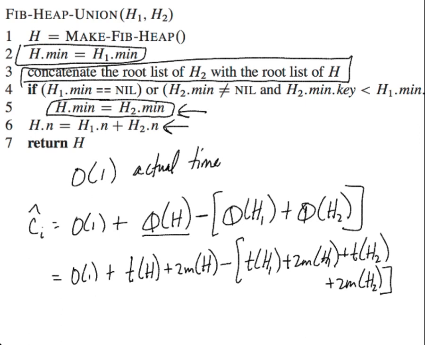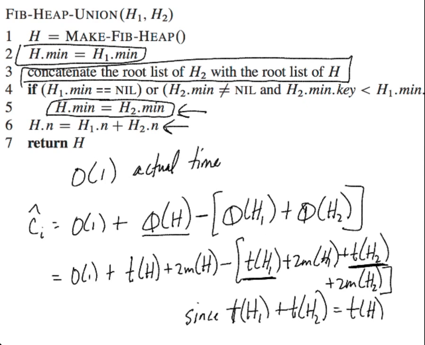Now, notice that the number of nodes in the root lists, we're just concatenating those two root lists together. So we know that T of H1 plus the total trees in H2 is going to be the new number of subtrees.